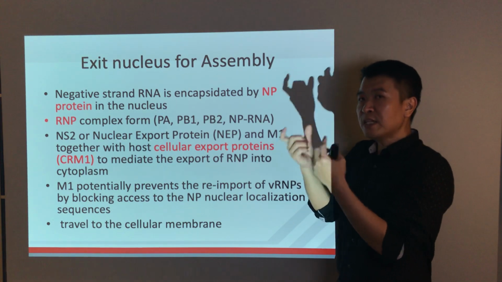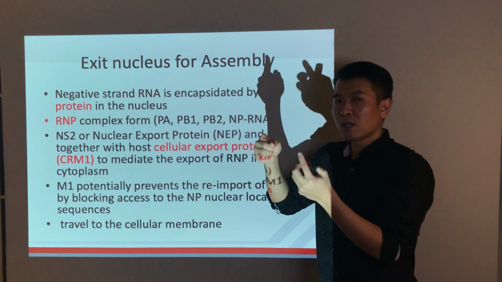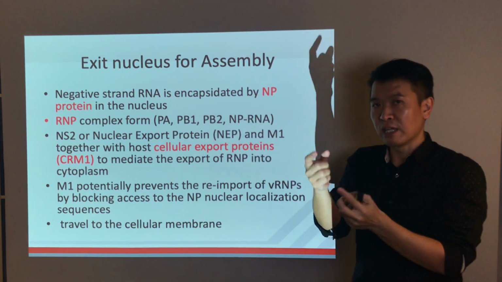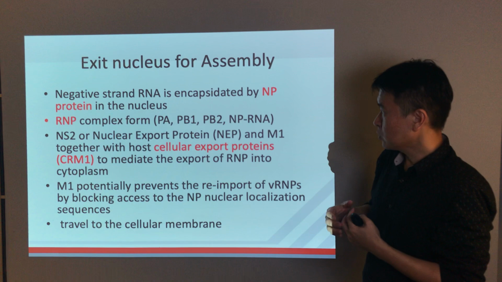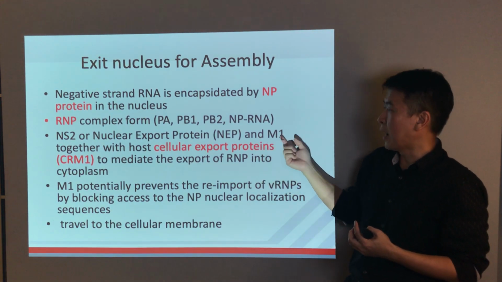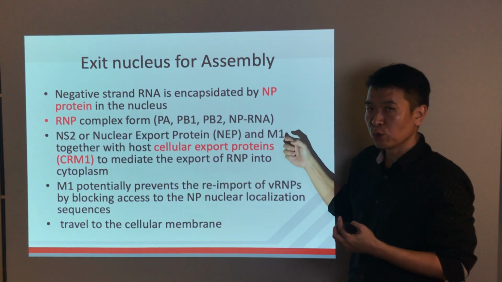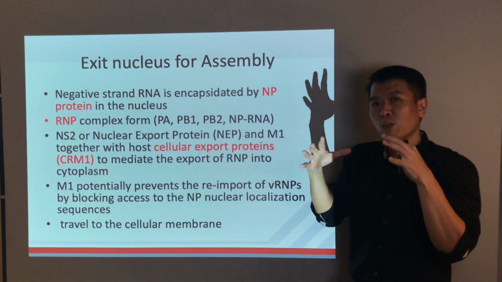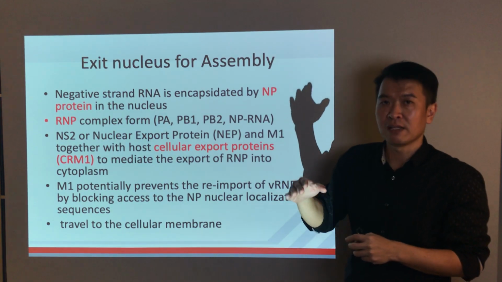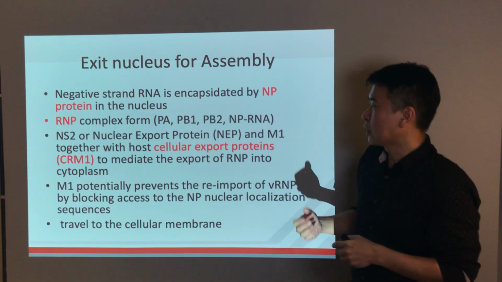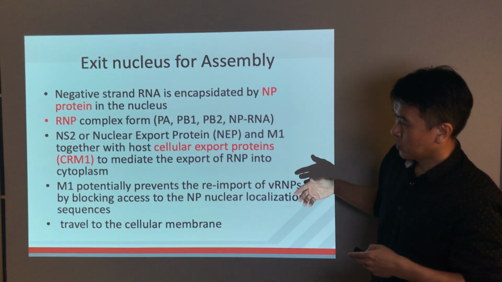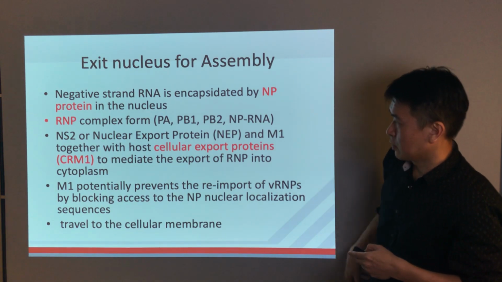So if this signal is recognized, the RNP will continuously go into the nucleus and will never be able to bud out. So what happens now is the RNP will be surrounded by M1, the matrix protein, which covers the RNP and prevents it from exposing the nuclear localization signal to the host cell transport system.